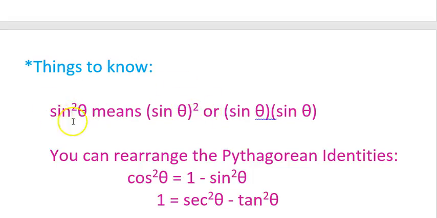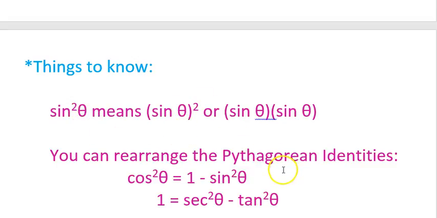It's just how it's written in trig language. If you're typing it in your calculator, you need to write it like this, or if you're needing to work with it, you can write it out as sine theta times sine theta. But that's a big thing to understand, that the square means it's really the whole thing squared. They just write it like this.